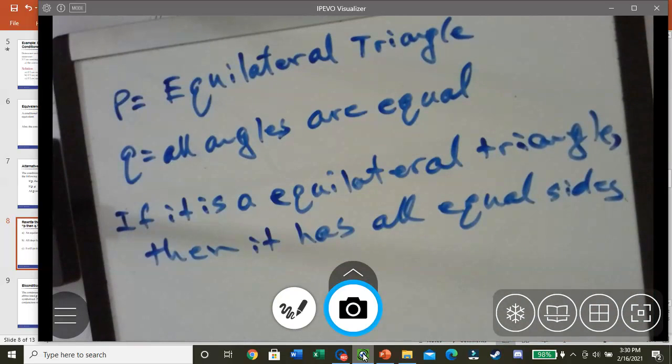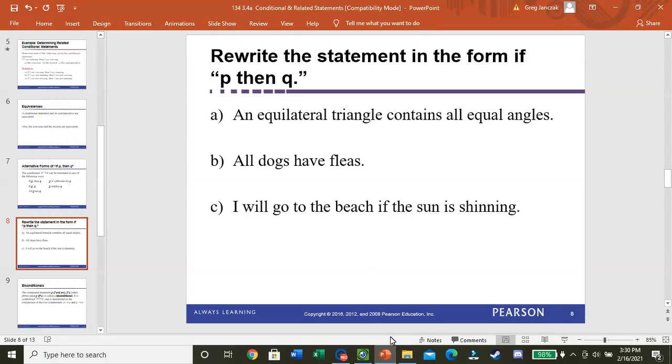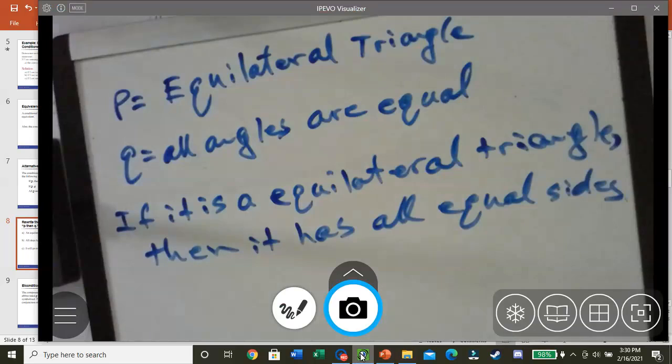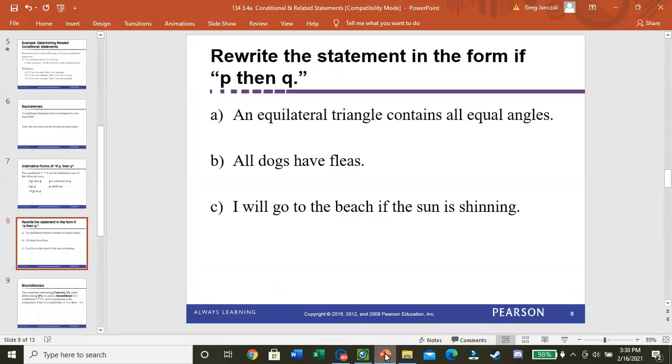Okay, if it is an equilateral triangle, then it has all equal sides. So we took this common statement, an equilateral triangle contains all equal sides, and we converted it to a conditional statement. If it is an equilateral triangle, then it has all equal sides.